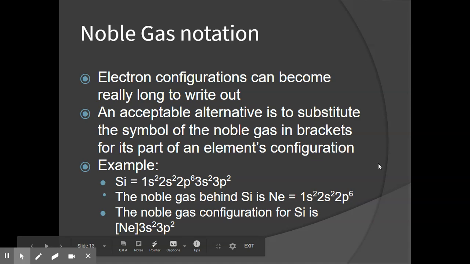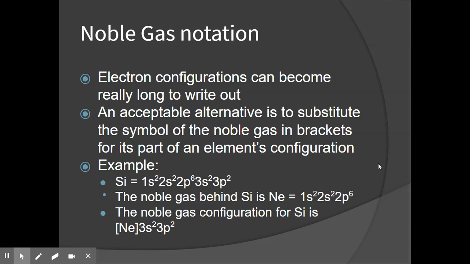So as you can probably tell, as you get down into the transition metals in the lanthanide and actinide series, you end up with these very, very long configurations. And that can be cumbersome to write. So an acceptable alternative to writing out the whole electron configuration is to use what's called noble gas notation. And so what that is, you find the part of the configuration that matches the noble gas nearest to that element.